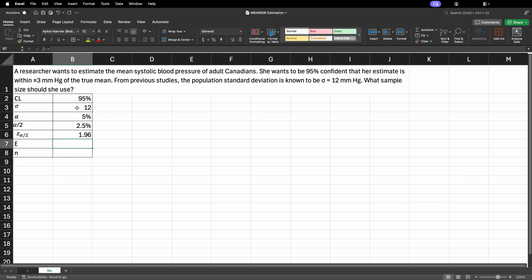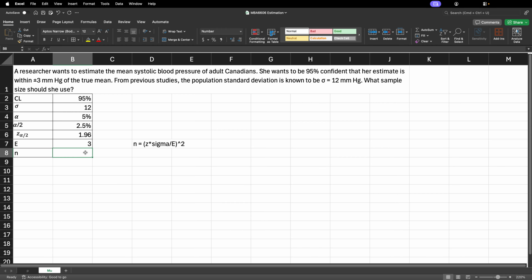The margin of error is 3, plus or minus 3. We know that n equals z times sigma divided by e, the whole thing to the power 2, right?